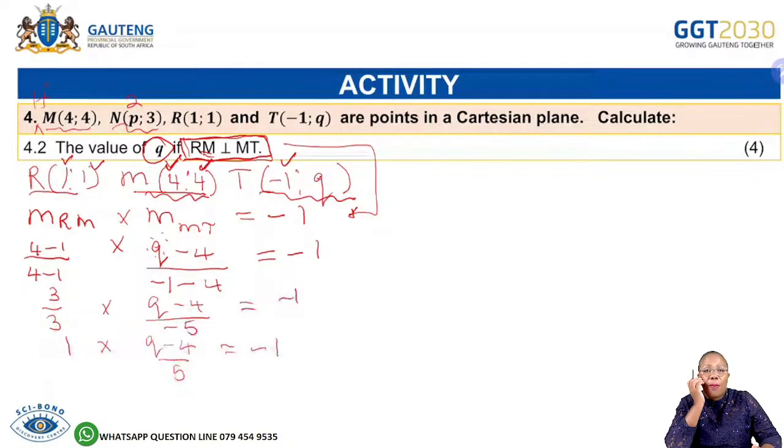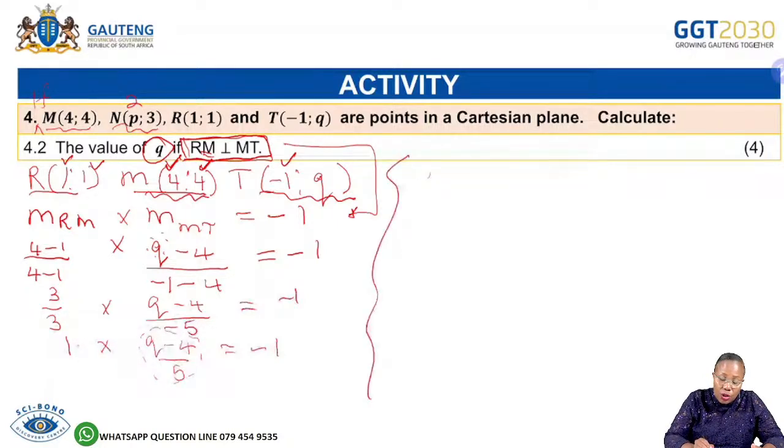Remember, any number multiplied by 1 is that number. 2 times 1 is 2. M times 1 is M. So the multiplication by 1 is the same identity. So if we multiply this part with 1, we end up with still Q minus 4 over 5, which is equal to negative 1.